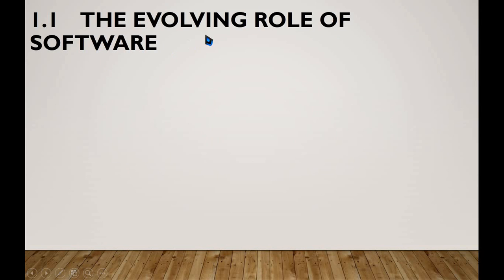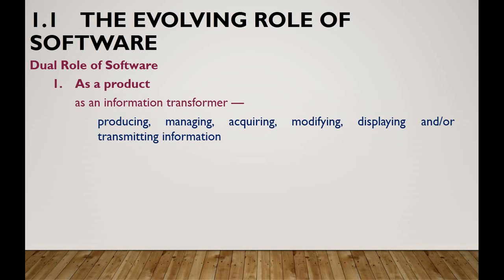Now let's learn about the evolving role of software. Software plays a dual role, first as a product and second as the vehicle for delivering a product. As a product, it is producing, managing, acquiring, modifying, displaying and transmitting information.